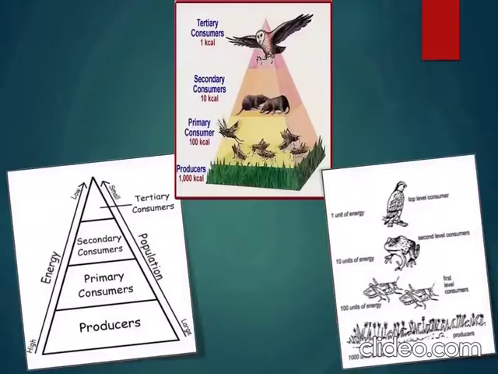Again, you can see these are the producers having 1000 kilocalories of energy, and 10% of it is 100 kilocalories, 10% of it is 10 kilocalories, and 10% of it is 1 kilocalorie. So the amount of energy keeps on decreasing, as shown in this figure.